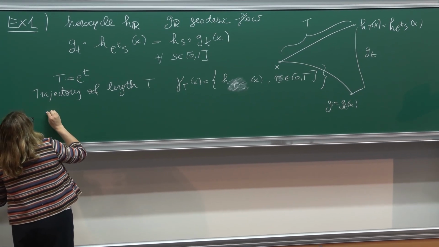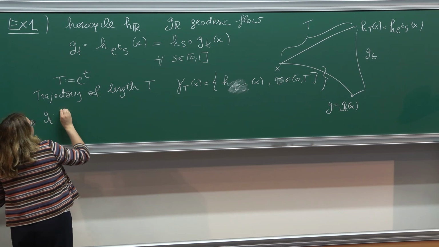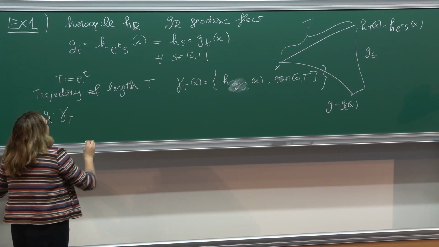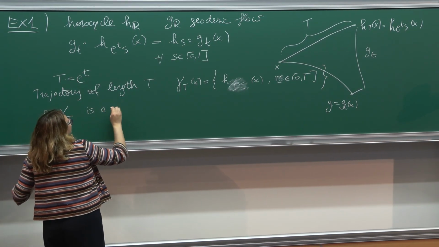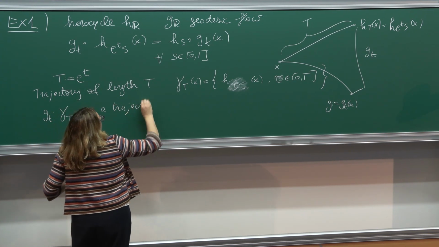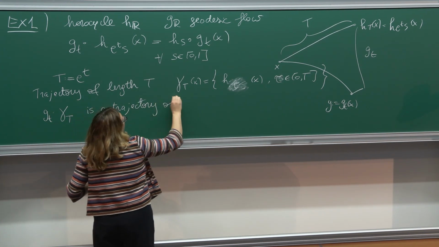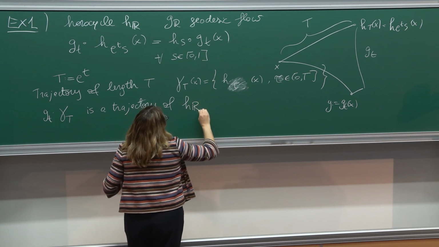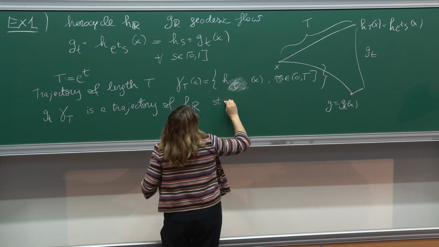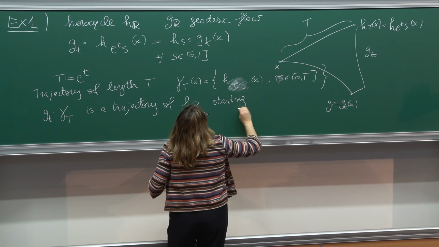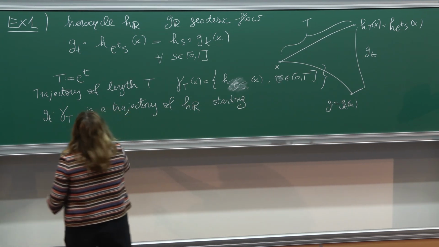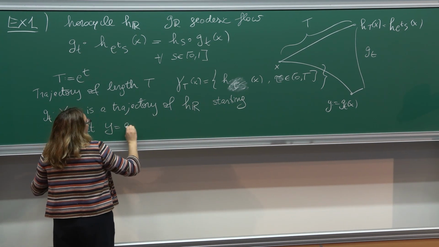So if I apply g_t to this trajectory gamma T, it is also a trajectory of horocycle flow, starting at y, which is the point g_t of x.